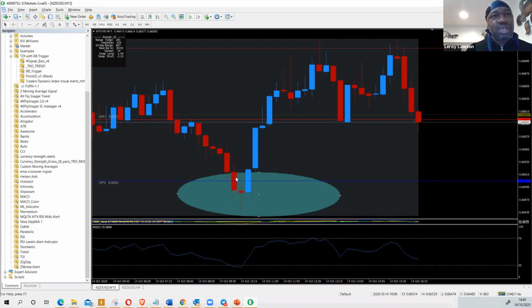Then it just kind of stayed. This candle here, which is like a cross, is called a doji pattern. If I go back to my chart patterns, they signify reversals that take place in the market.